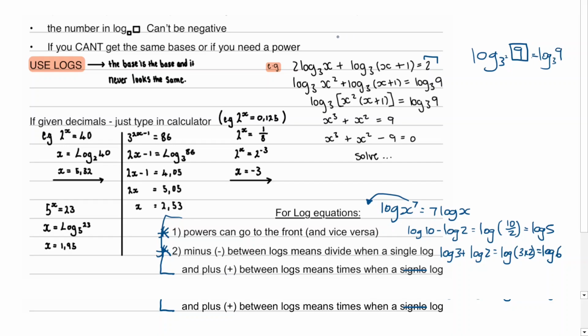Here's another example. If I had lots of log base 4s and at some point I had the number 3, then just for your own reference, that would be a little 3 there. So then the other number would be 4 to the power of 3, which is 64.